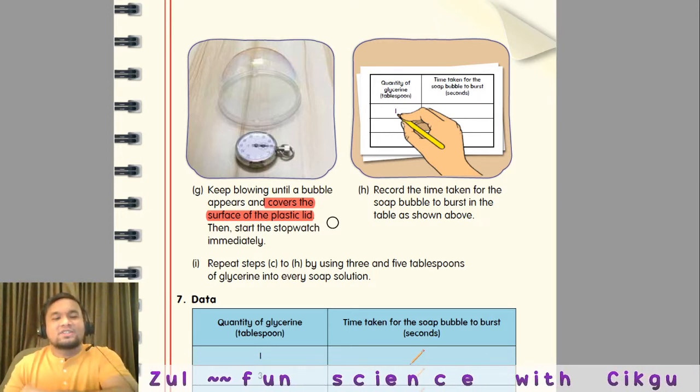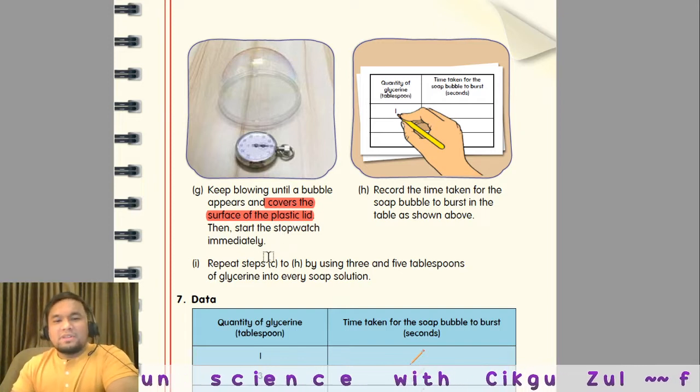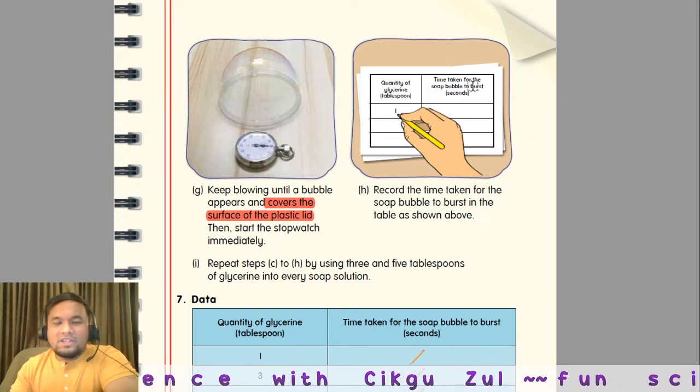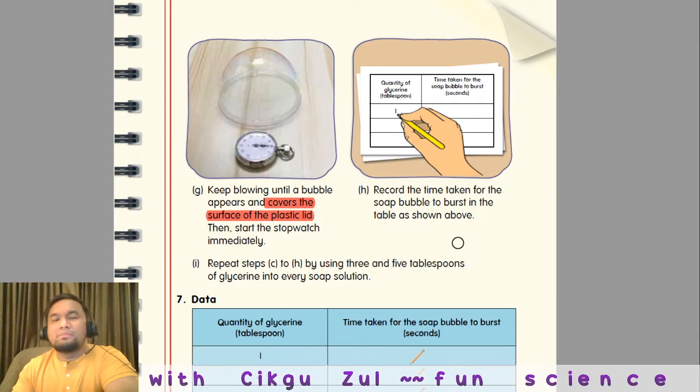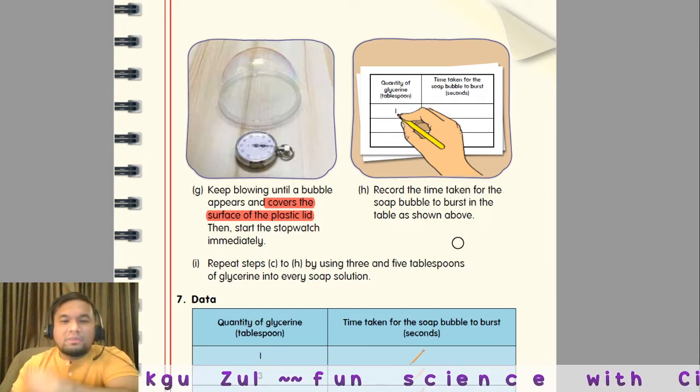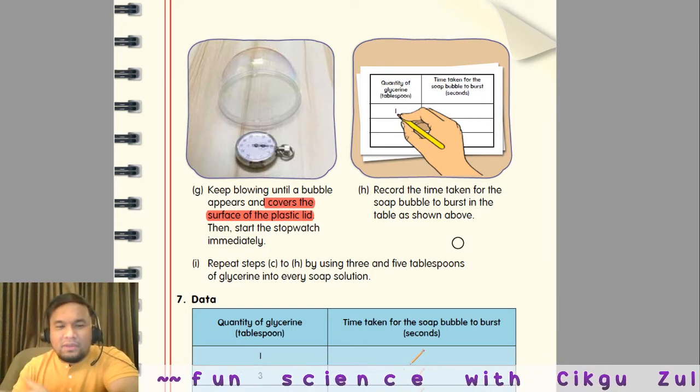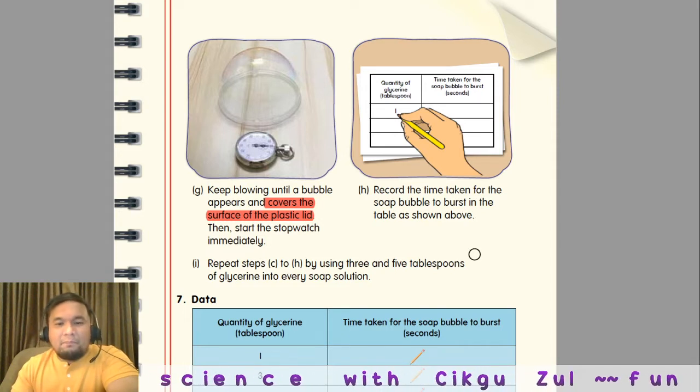Understand? Okay, so start the stopwatch immediately and record your observation in a table. Berapa masa yang diperlukan untuk dia pecah, berapa lama, siapa yang paling cepat dan siapa yang paling lambat. Understand?